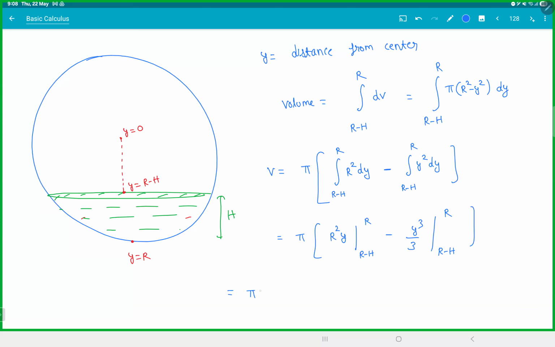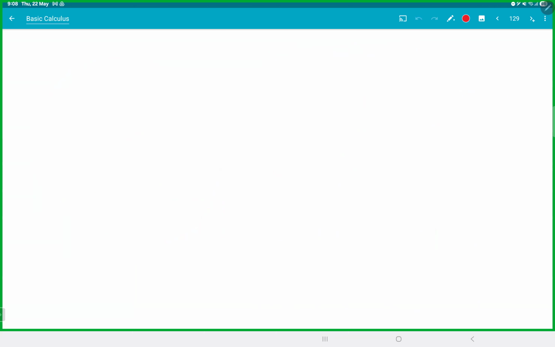Simplify this, pi. This is r square. Substitute here, put r, and then put r minus h and subtract them. Minus r cube minus r minus h whole cube by 3. We need to simplify this. It looks bad, but once you get down the whole thing, it's actually kind of easy. So this r and this r will cancel. So you're just left with h there.